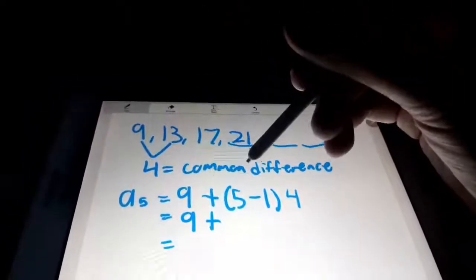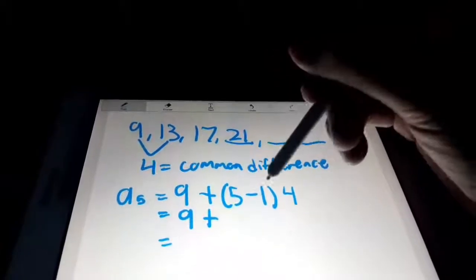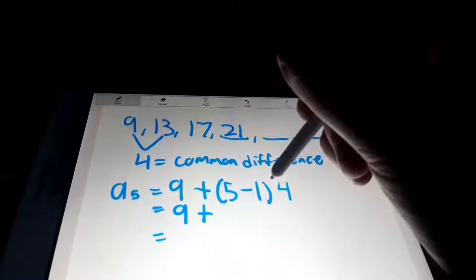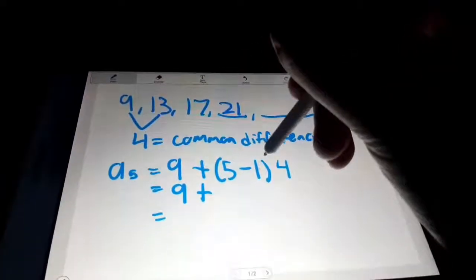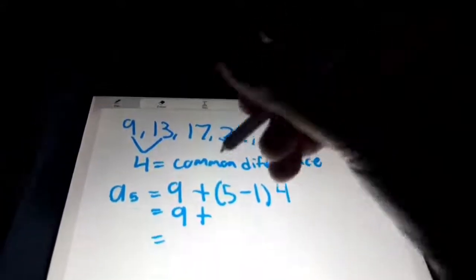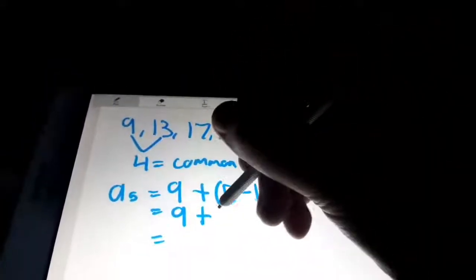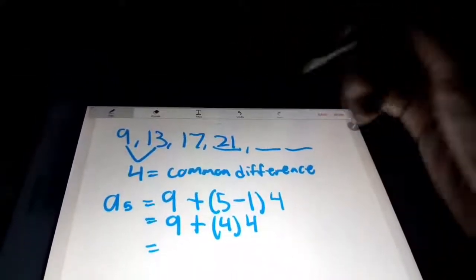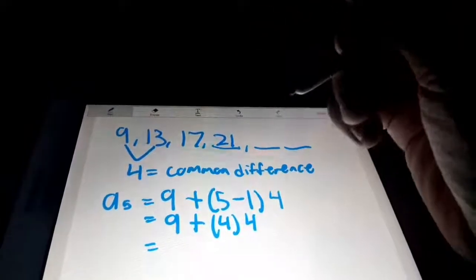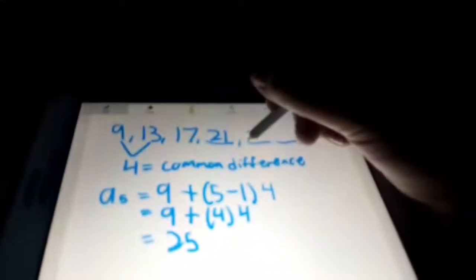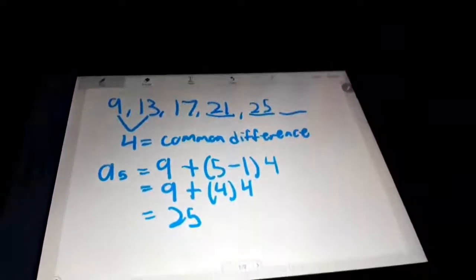So, 9 plus, open parenthesis of 5 minus 1 times 4. So, 5 minus 1 is 4 times 4. So, a parenthesis muna. So, 4. So, magiging 16 na yan. 16 plus 9 is equal to 25. So, dapat ilagay po sa blanco ang 25.